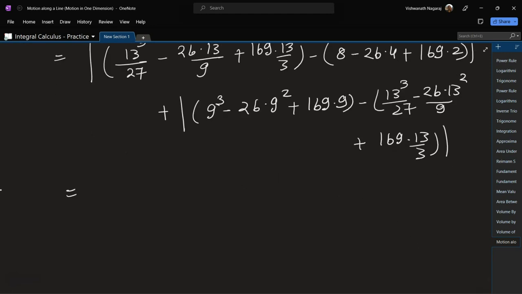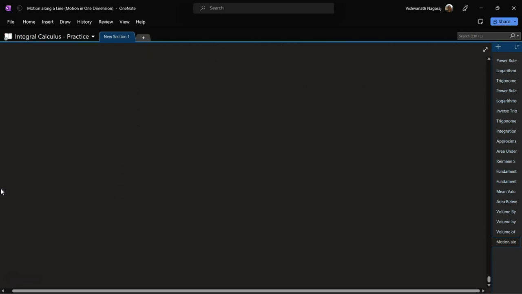If we use a calculator and simplify all this and evaluate it, we get 7154 by 27 units, whatever it is. So that was the 17th one.